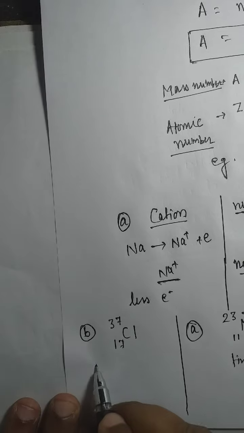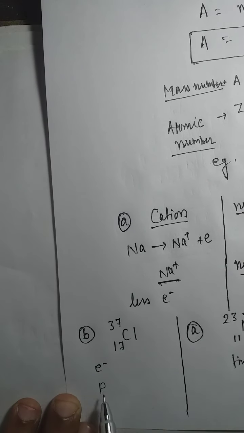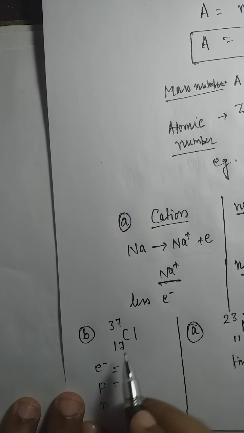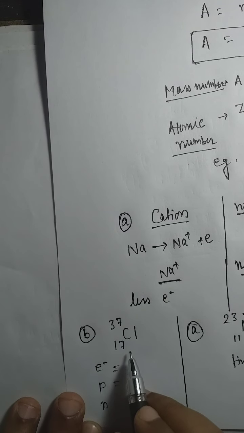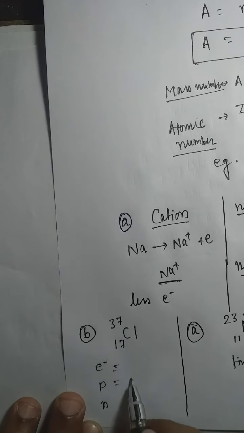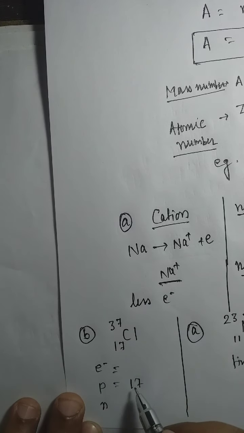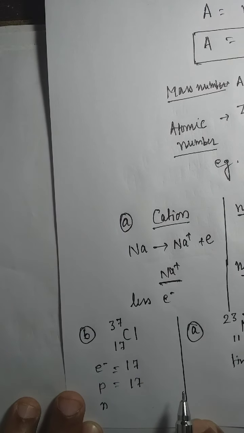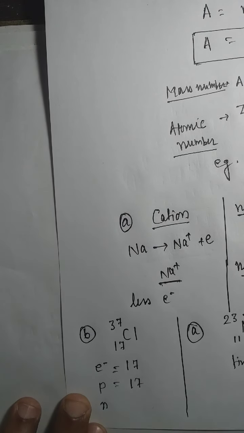So someone asks you to find electron, proton and neutron. How do we start? We know there are no charges on the chlorine atom. So what is the number of proton currently? 17. Number of proton is equal to number of electron. So we may write number of electron is equal to 17.